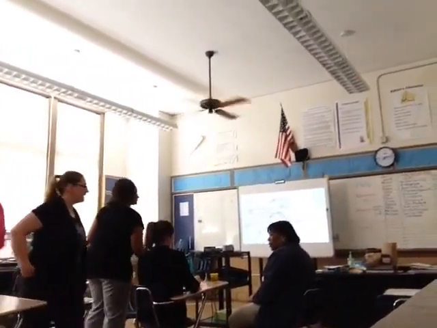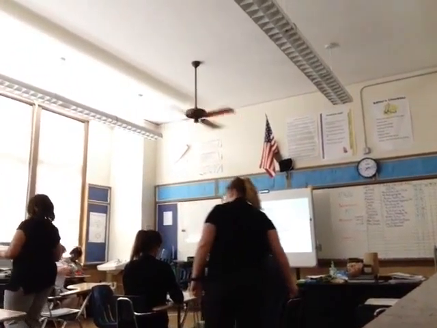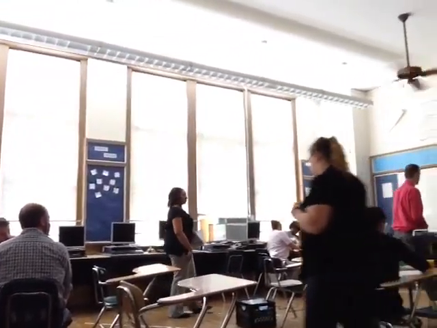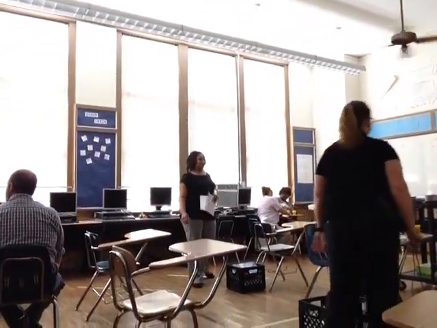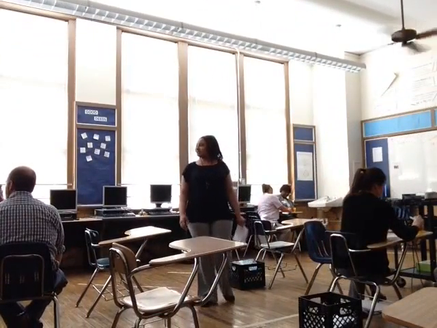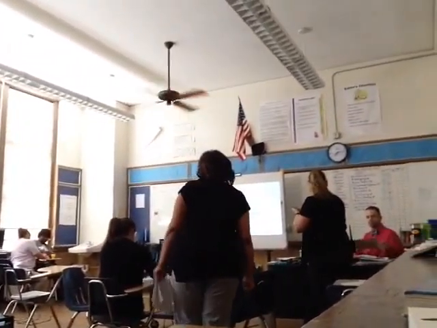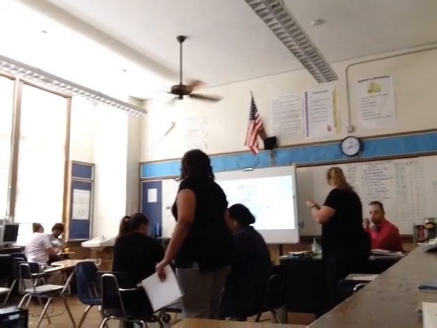Let's do the horse. That's going to be difficult. I'm going to give you guys about 5 minutes to come up with your picture. If you forgot the directions, it's on the smart board. What are you going to make?